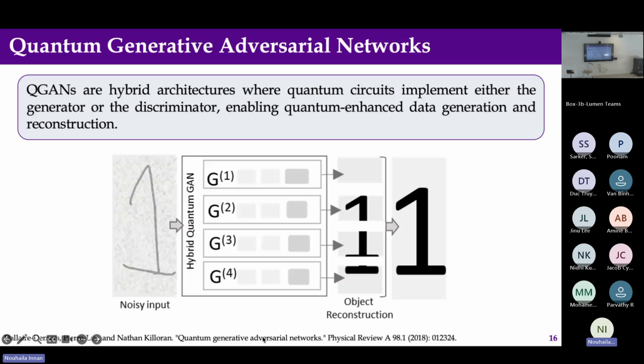The generator can be divided into multiple sub-generator blocks, each responsible for generating a patch of the full image. And at the end, the generated image is formed by concatenating the patches.